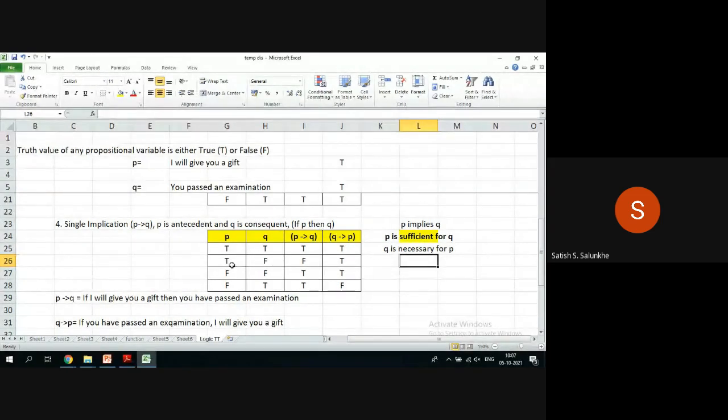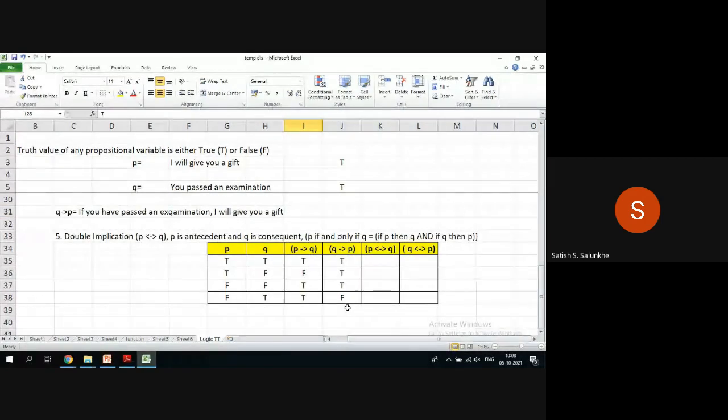Meaning, when we have antecedent true and consequence false, P implies Q is false. But if we have consequence true and antecedent false, at times it is not false. There is no strictness in this, but there is a strictness in this. So we'll see this now.